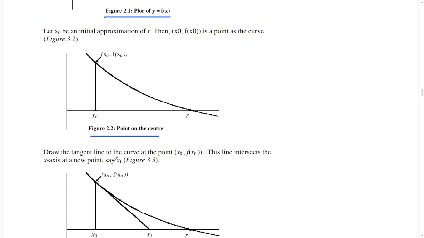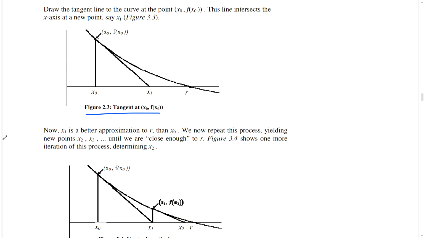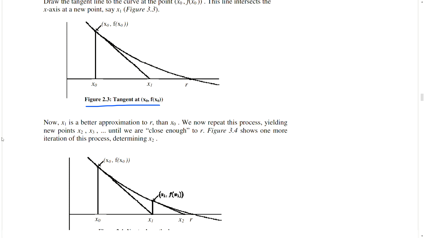Draw the tangent line to the curve at the point (x0, f(x0)). This line intersects the x-axis at a new point, say x1. Now x1 is a better approximation to r than x0.